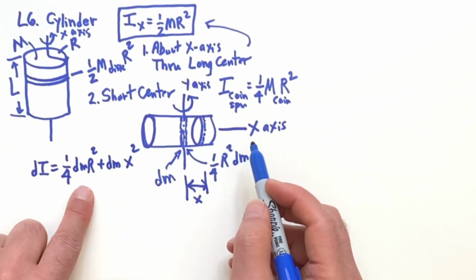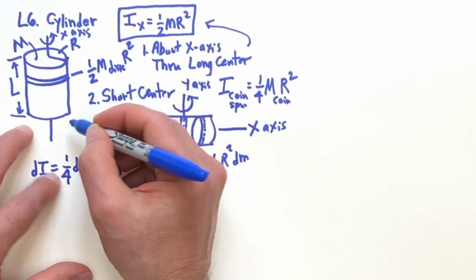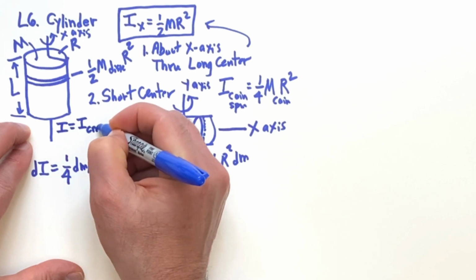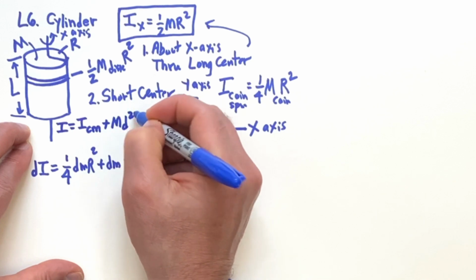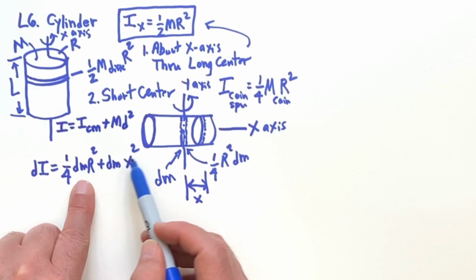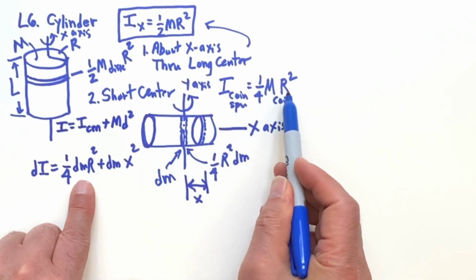So I'm using here the parallel axis theorem that says for the moment of inertia, I want the moment of inertia about the center of mass plus md squared when you move the axis. So the moment of inertia about the center of mass is spinning the coin. That's your 1/4 mass of the coin, R squared.